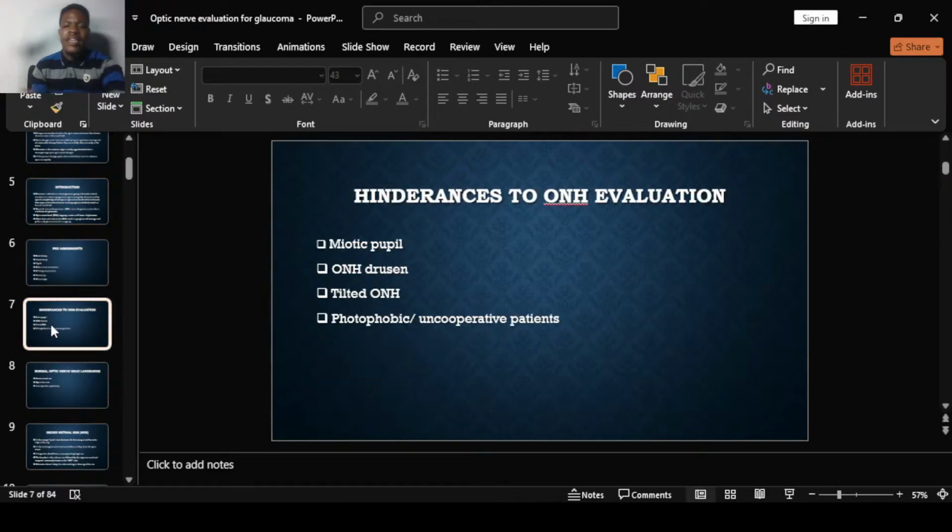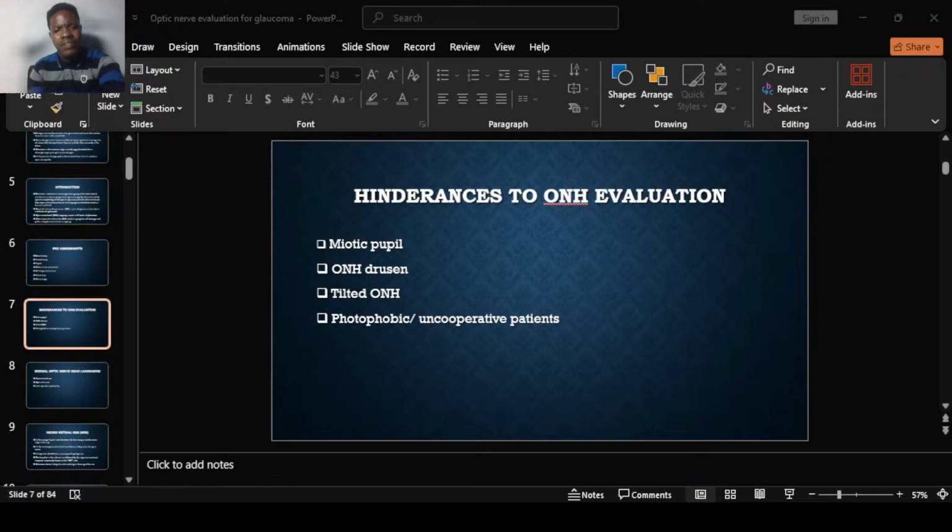So let's look at the hindrances to optic nerve head evaluation. The first is a miotic pupil. So during ophthalmoscopy, it might be difficult to see the optic nerve head properly with a patient who has a miotic or a constricted pupil. So we see miosis majorly in elderly patients, or it can also be drug induced.